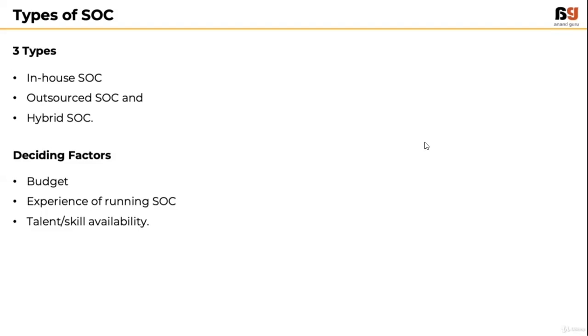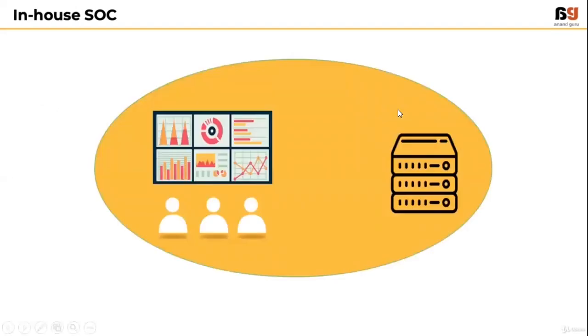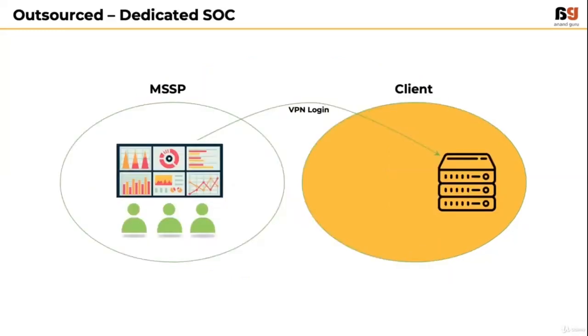Okay, and I believe we are almost at the end of the class. So this is a graphical representation of the SOC. This is in-house. They monitor their stuff, and once they have the skills, they set up their systems in-house to monitor. If they don't have the skills, they outsource it to an MSSP, a managed security service provider.